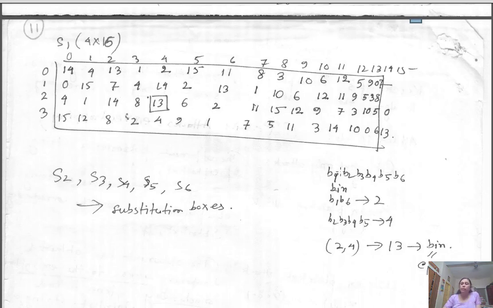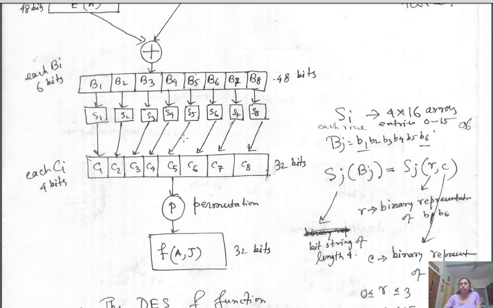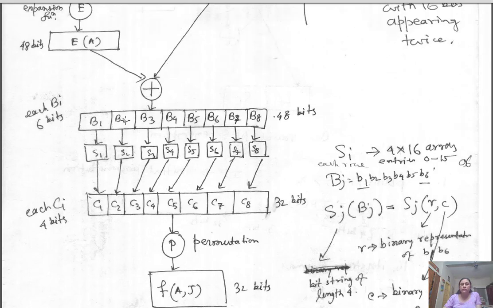Okay, so input B has 6 bits. B essentially consists of 6 bits, Bj suppose, and when it passes to S box Sj, it produces a 4-bit string in this way. So this is the algorithm that is followed.